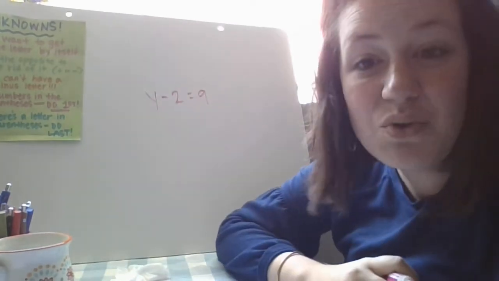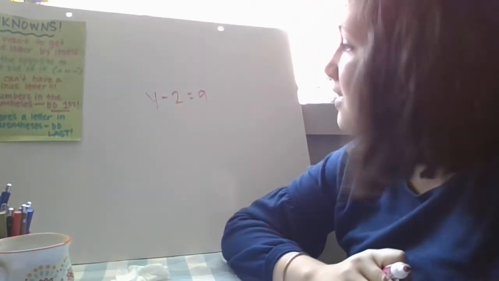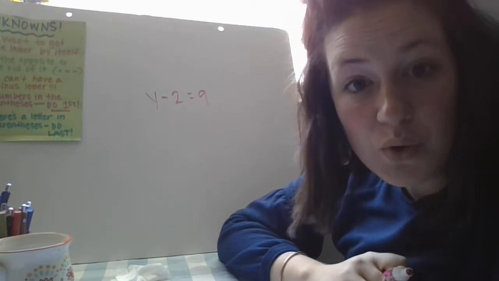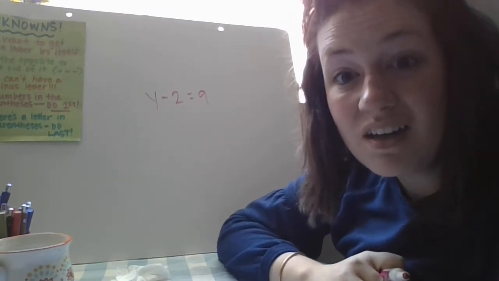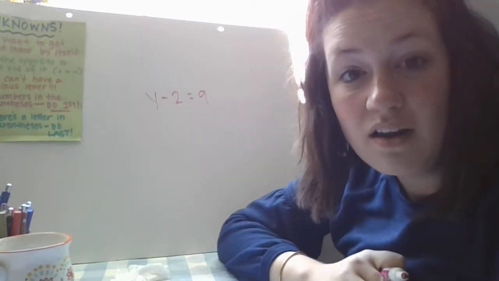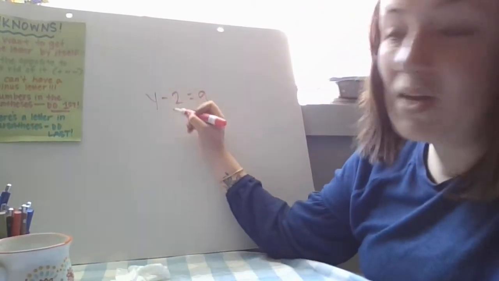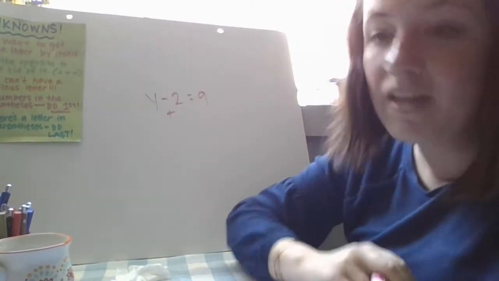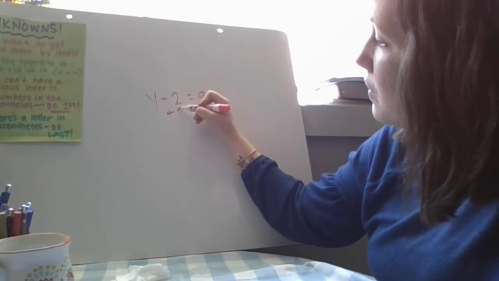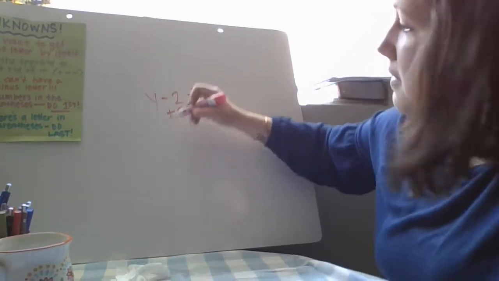Here, we have to do the opposite to get rid of it. So if we have a minus 2, we have to do the opposite of that 2 to get rid of it. If we were to do a minus 2 here, it wouldn't work. To get rid of a minus 2, we have to do the opposite with plus. So if a minus 2, we have to do a plus 2 to get rid of it.